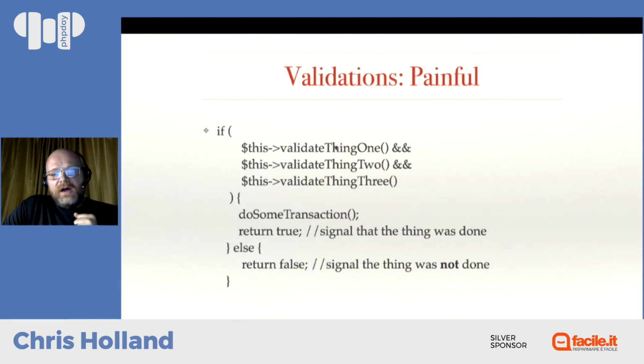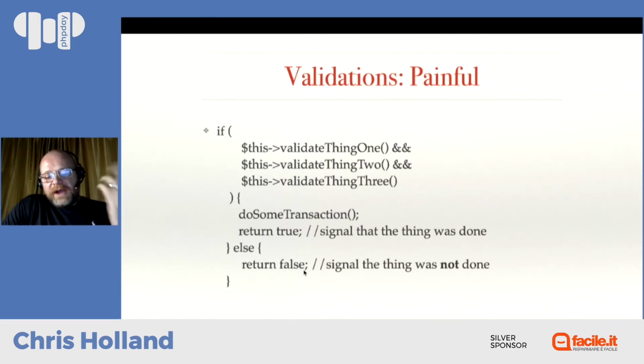So if all 3 methods return true, then you will get to what's inside the if block where you might do some transaction. And then you want to signal upstream of this code that this was successful. So you might return true, right? Like this code may be inside of a method that returns true. And then if some kind of failure happened, then it might return false.